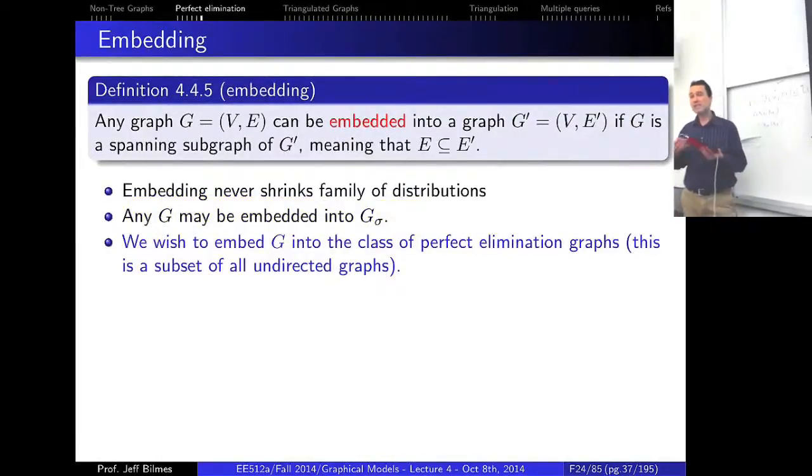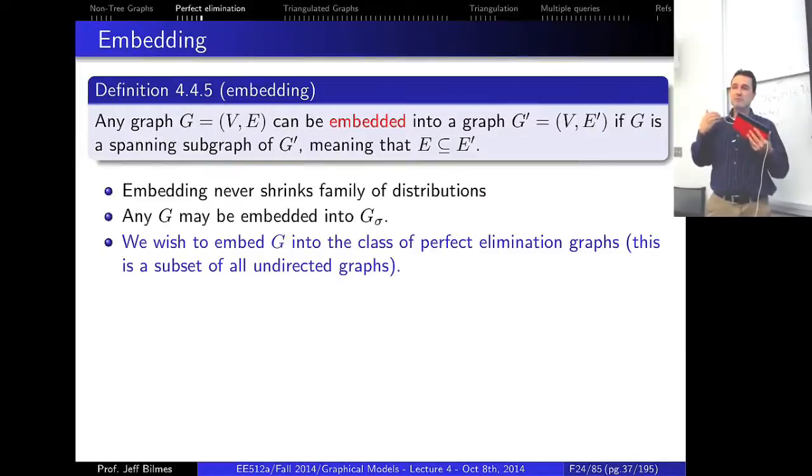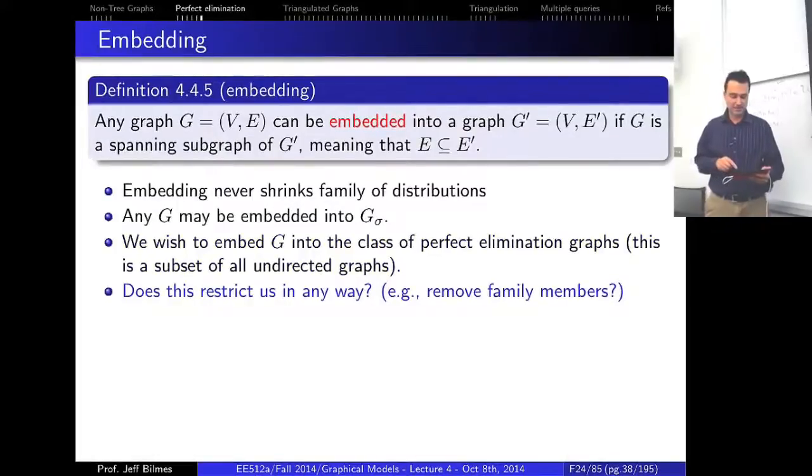So what we're essentially doing when we're running elimination, from the computational perspective, is embedding G into the class of perfect elimination graphs. And we want to find the embedding that causes the least harm, or we want to find the graph into which we can embed our graph that has the best computational properties.